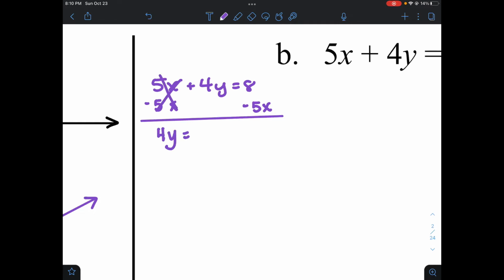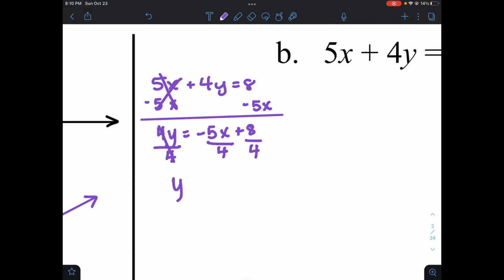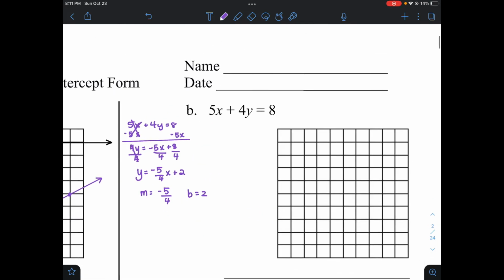So I get 4y equals negative 5x plus 8. Then divide everything by 4. And we get y is negative 5/4 x plus 2. So my slope is negative 5/4, and my y-intercept is positive 2.